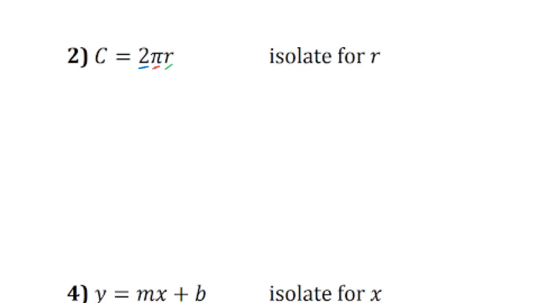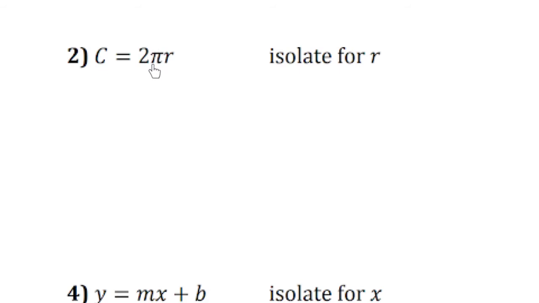Remember that in order to isolate, we always want to use the opposite operation. The opposite of multiplication is division. And so if I wanted to get r by itself, that would mean that I would need to get rid of this 2, and I would need to get rid of this pi symbol.